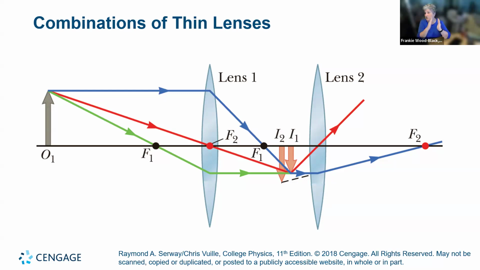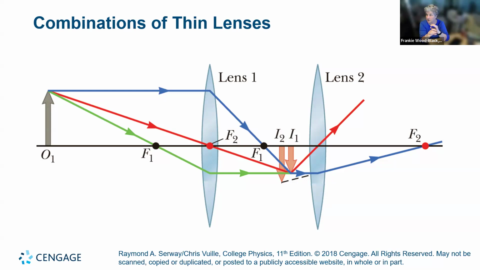Now, why do we do double lens problems or triple lens problems? You won't have to do anything more complex than a double lens problem in this class. But if you think about a microscope, you have the lens that's down at the bottom, and then you have at least the eyepiece lens. Sometimes you have a different lens in the microscope. Telescopes are the same way. I have my eyepiece lens and I have the lens at the end of the telescope. Now I change that distance between the two lenses to get the image that I want.